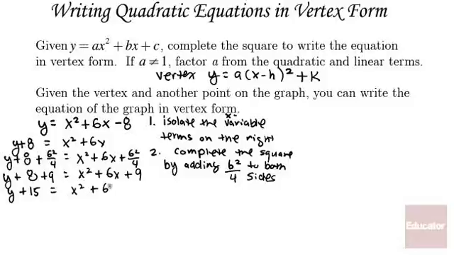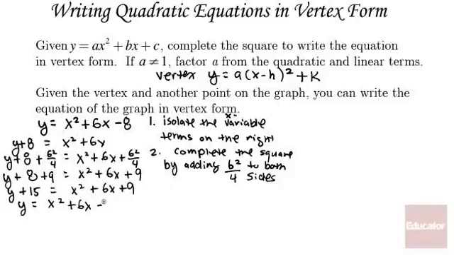And this is not quite in vertex form because if I look up here, vertex form would have y isolated on the left. So I'm going to change this, and I'm going to subtract 15 from both sides. Actually, one more step.